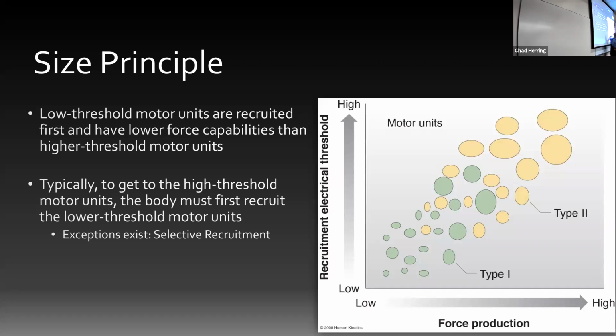Not forever, but for a while. Whereas with anaerobic training, which is high intensity, we want to recruit those type 2 motor units. Even though they don't last as long, they're going to have high force output. So that's the size principle.